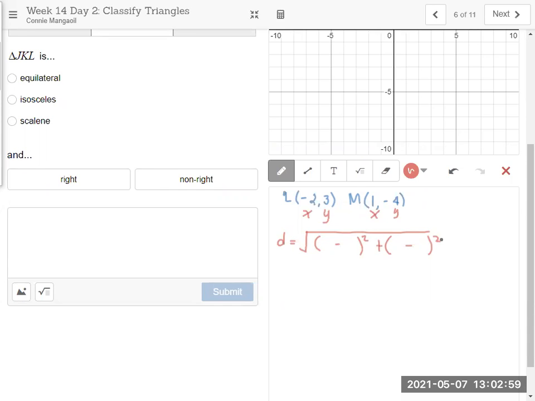Now, on the first set of parentheses, we'll put in our X values, -2 and 1. Again, it doesn't matter what the order is. For the second parenthesis, we put in the Y values, 3 and -4. Again, the order does not matter.